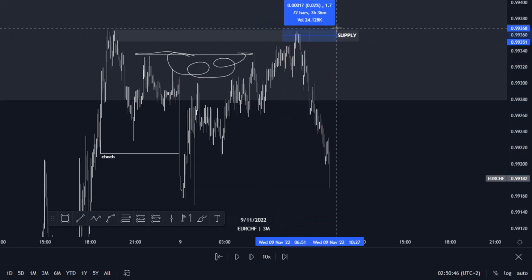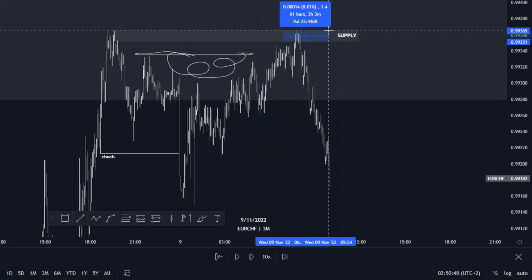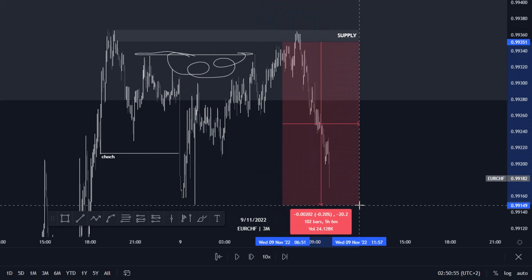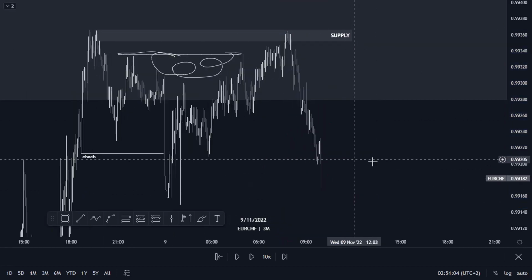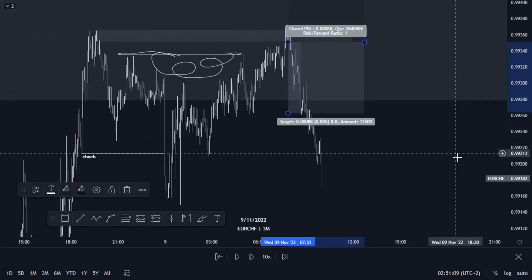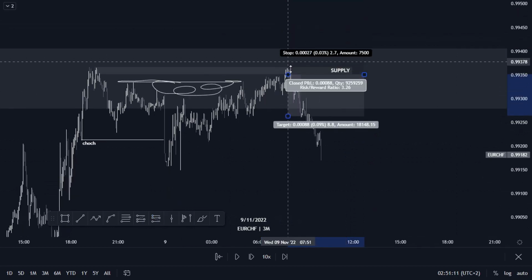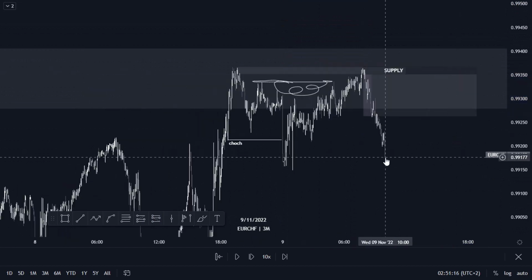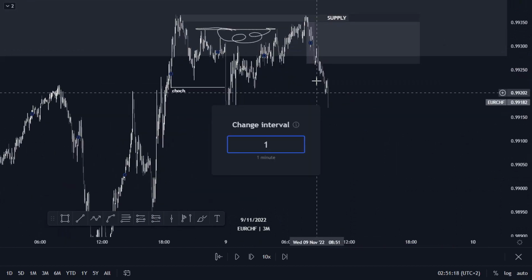So if you're taking your entry here with a stop loss of 2 pips, take your partials at the low here, which is 20 pips, and then put your stop loss at break even and let the trade run by itself. So for instance, you took your entry here, your stop loss just here, and let's see how the trade goes.